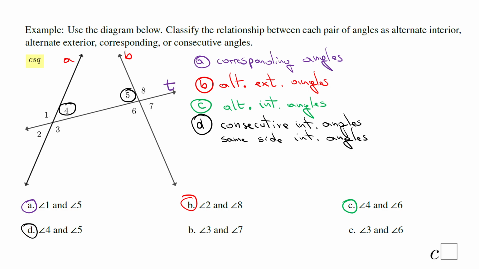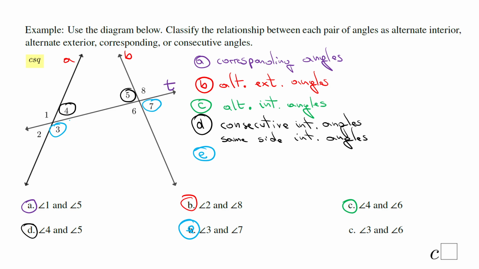Now let's take a look at part E. And we have angle 3 and 7, 3 and 7. I think we met this type of angles.